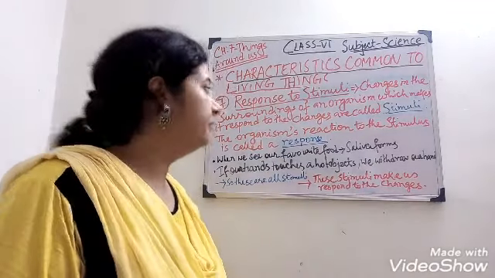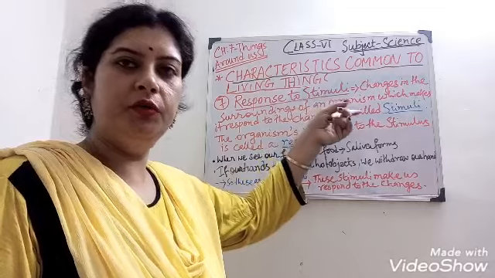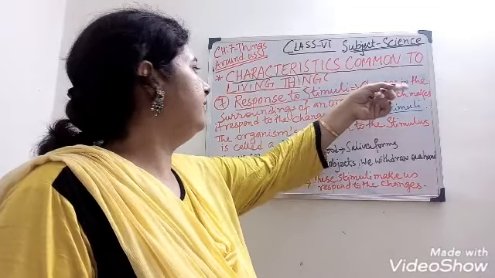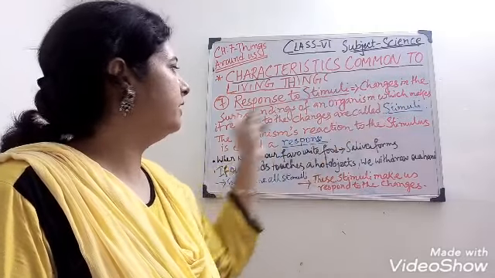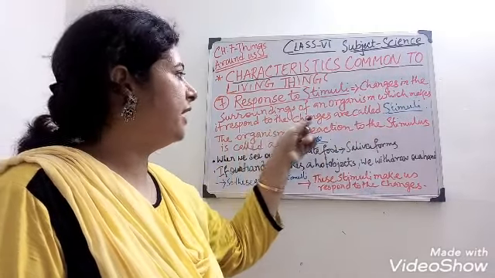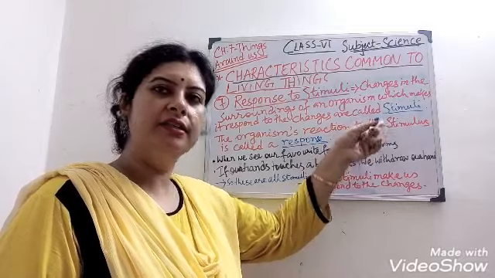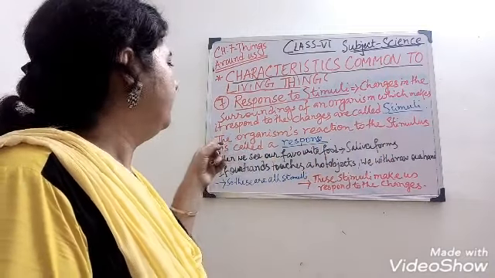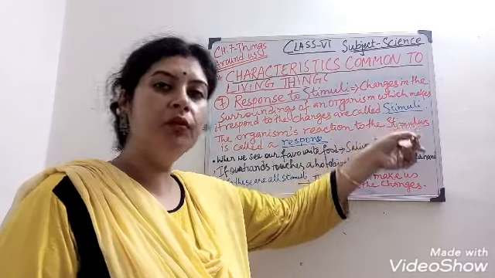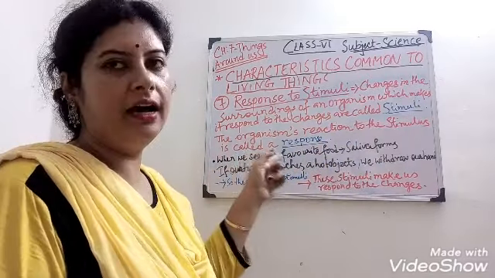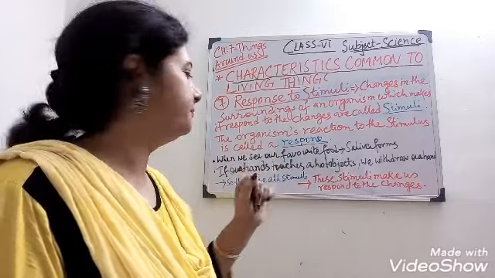Characteristic number 7, response to stimuli. Changes in the surroundings of an organism which make it respond are called stimuli. The organism's reaction to the stimulus is called a response.